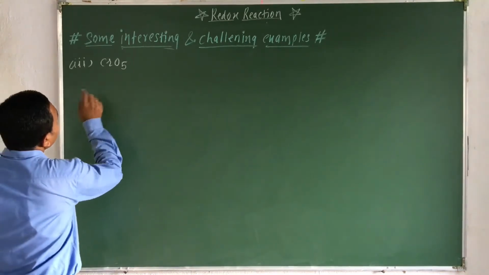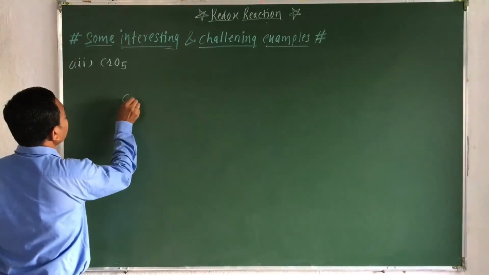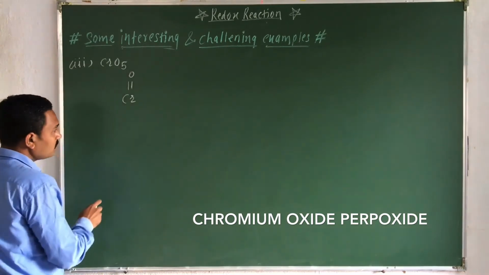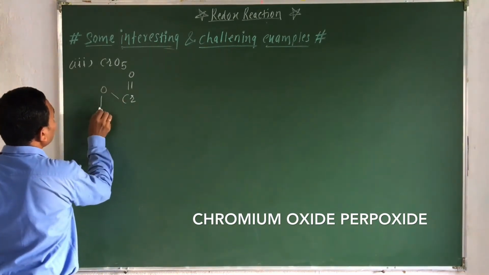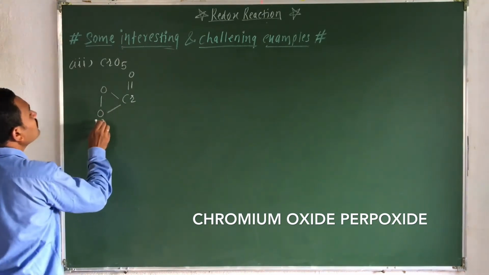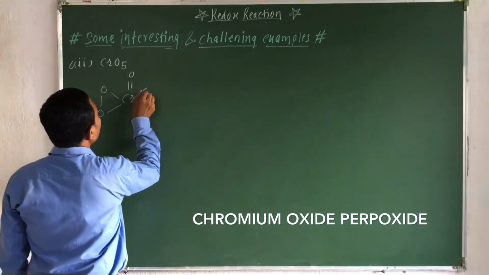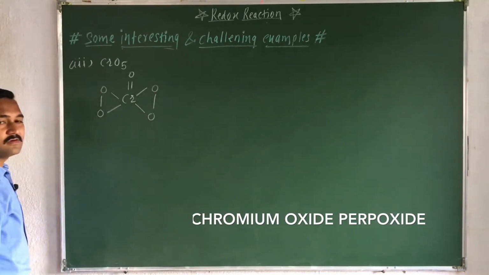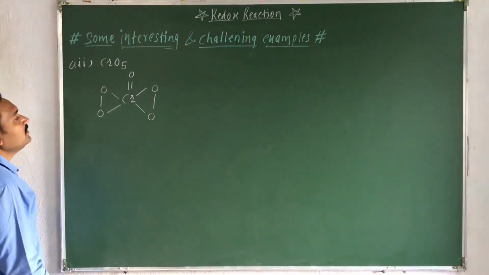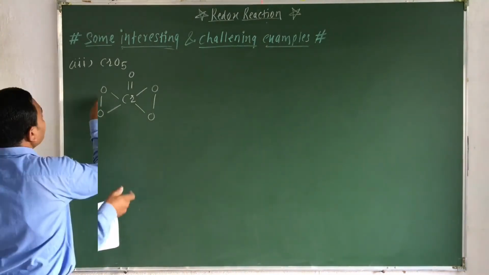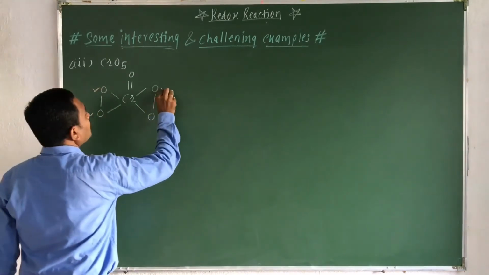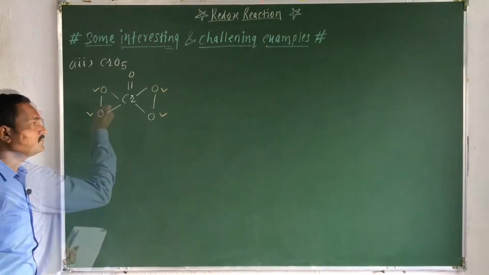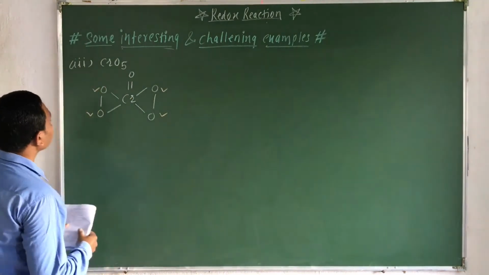Now here the structure of chromium peroxide is like this: Cr double bond O, single bond O, again single bond O, and again O, single bond Cr, O, O. So this is a butterfly structure, is it right? Now here you can simply identify it. What I have shown here is nothing but your peroxide linkage, and this is your simple oxygen atom. Find out the oxidation number for it.